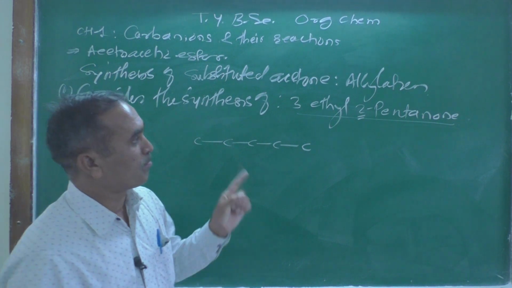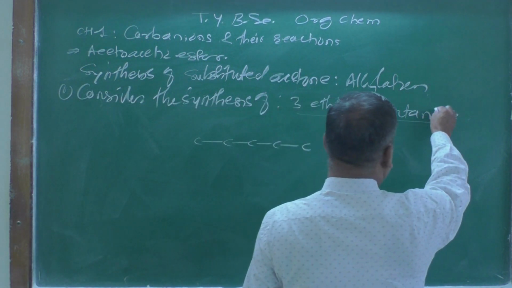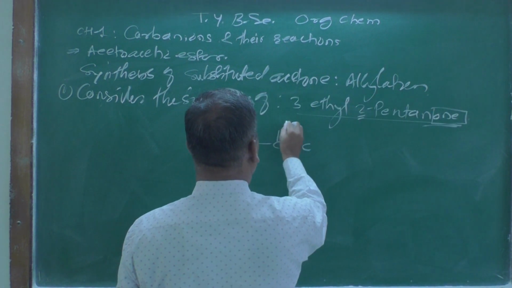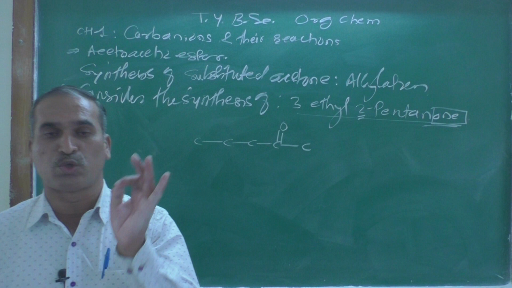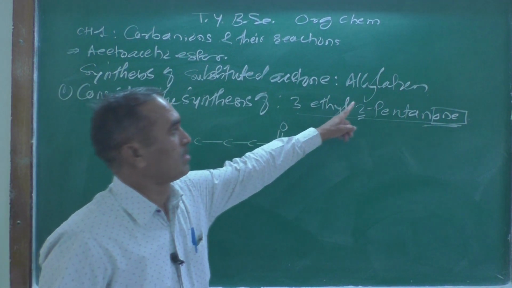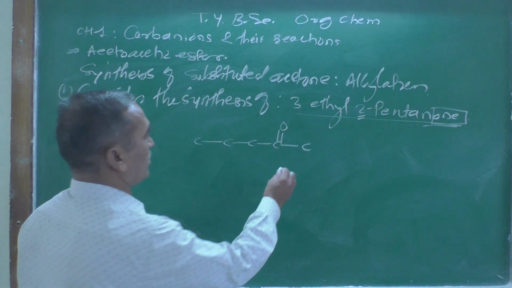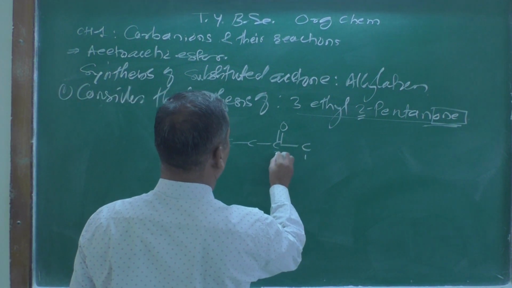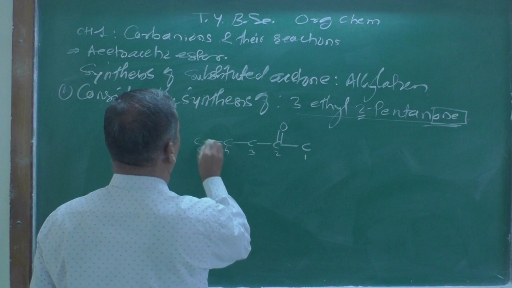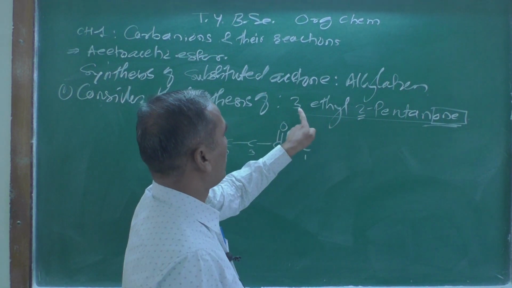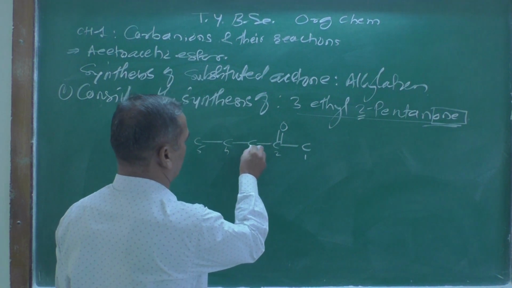To indicate the presence of the last suffix, ONE, that indicates a carbonyl group present at 2 position. If you number from this side 1, 2, 3, 4 and 5, look at 2 position is a carbonyl group, and at 3 position there is an ethyl group.